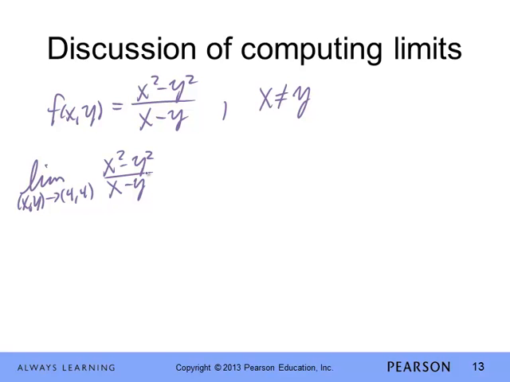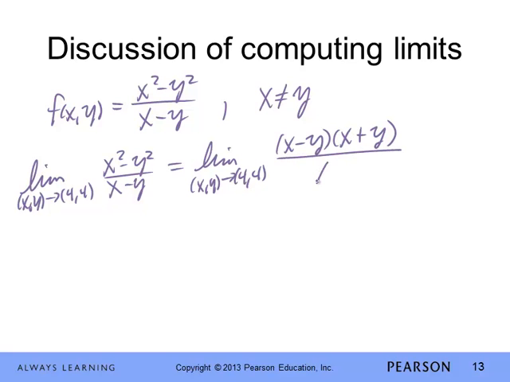But of course you could factor the numerator, and we'll have x minus y times x plus y divided by x minus y. Cancel the x minus y's, because we're told that x is not equal to y.